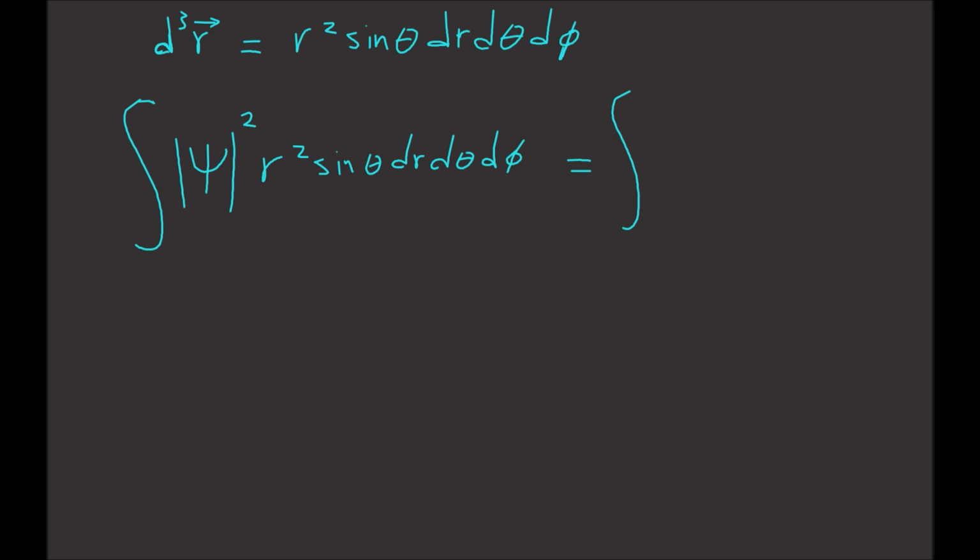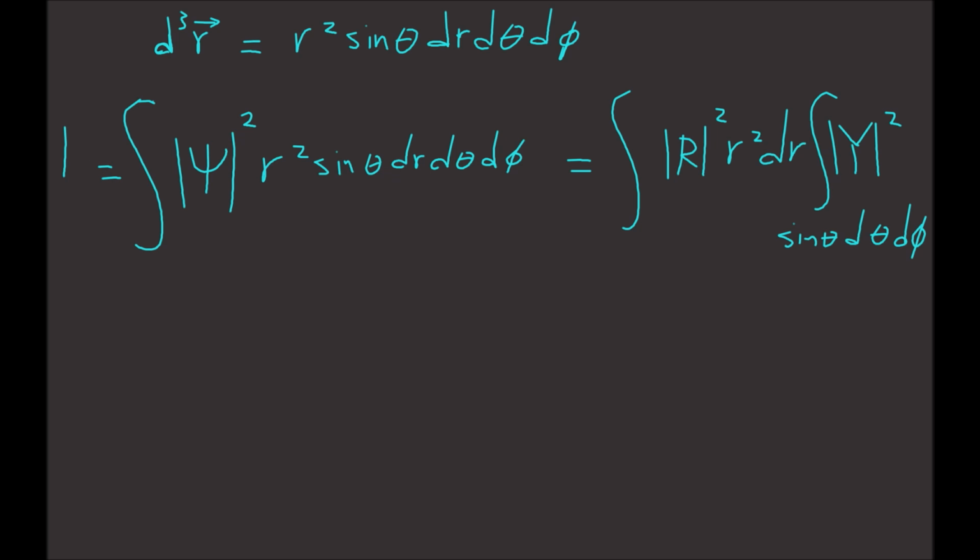It's made out of the r function, r squared dr, times the Y function times sine of theta d theta d phi. As you can see, these 2 integrals are multiplied, so their product must equal 1. This is what normalization is, remember? So it's best if we integrate these separately.